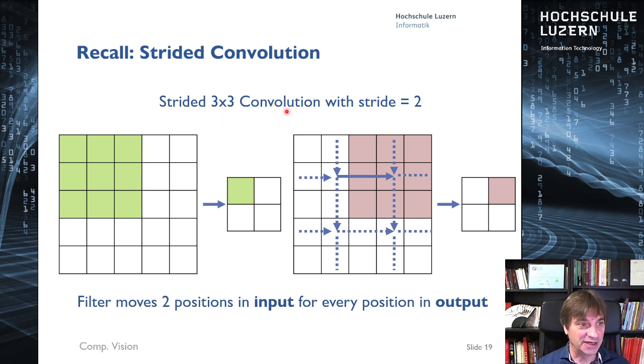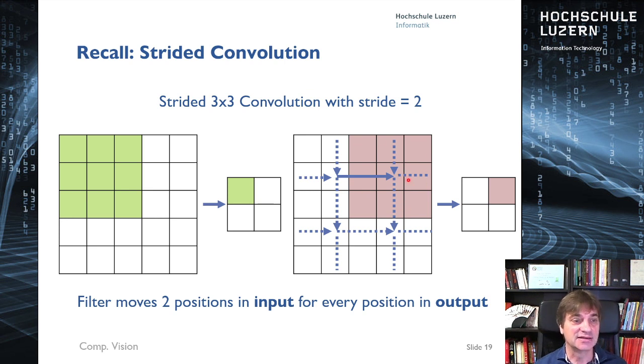But if we have a convolution with stride 2, what happens is first we will look at that part of the image for a 3x3 filter. We apply the weights to calculate one value here, and this will give the value of that pixel. And then with a stride 2, we move from that center position to the new center position.